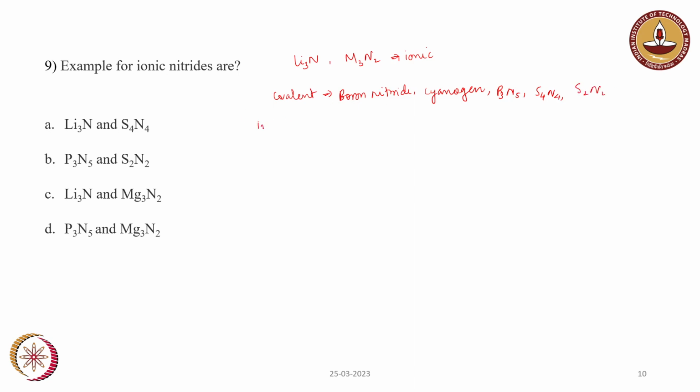And interstitial ones are of the form MN, M2N, or M4N, where M is a d-block element. Here we are asked for ionic nitrides, so Li3N and second group nitrides. So option C is the answer.